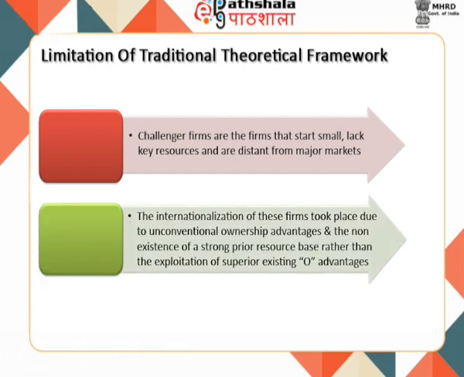The internationalization of these firms took place due to unconventional ownership advantages and the non-existence of a strong prior resource base rather than the exploitation of superior existing O advantages as argued by traditional FDI theory.